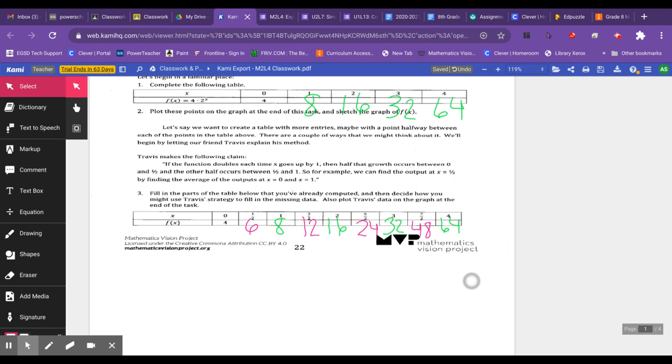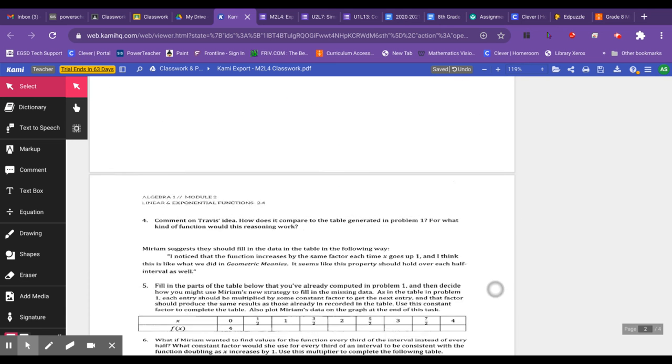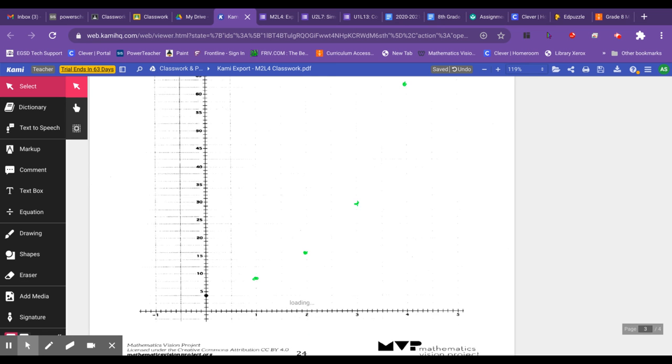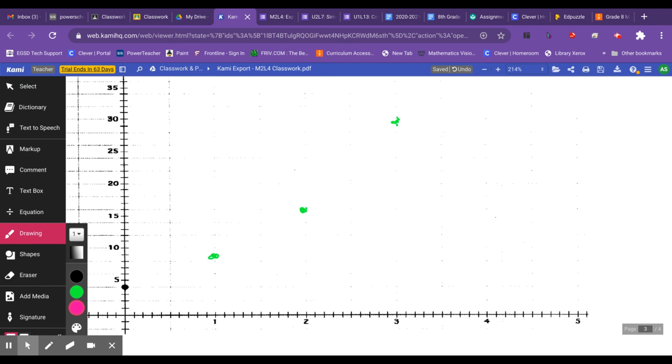And let's plot these. So 6, 12, 24, and 48. So in pink, I'm going to do one, let's see, half was 6. 1.5 was 12. 2.5 was 24.